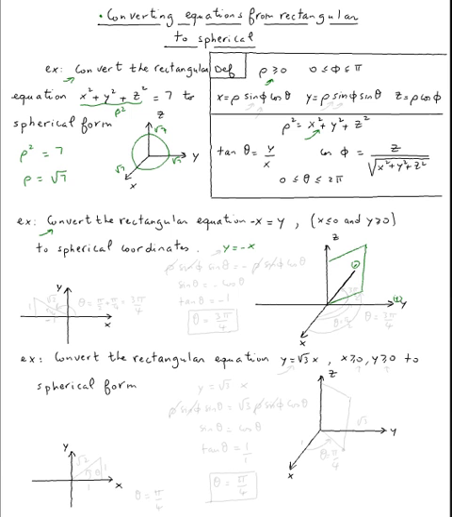So what do we do? Again, we can only have rhos, phis, and thetas. So I'm going to replace y by rho sine phi sine theta, minus, and I'm going to replace x by rho sine phi cosine theta.